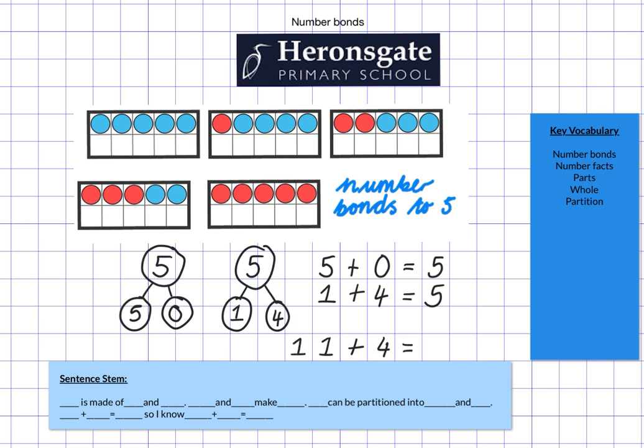So they know they've got the 10, and they know that 1 plus 4 is equal to 5. So 11 plus 4 must be equal to 15.